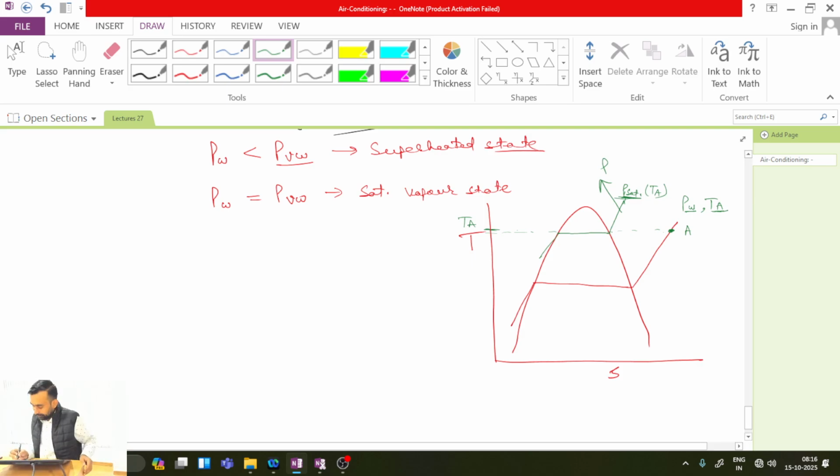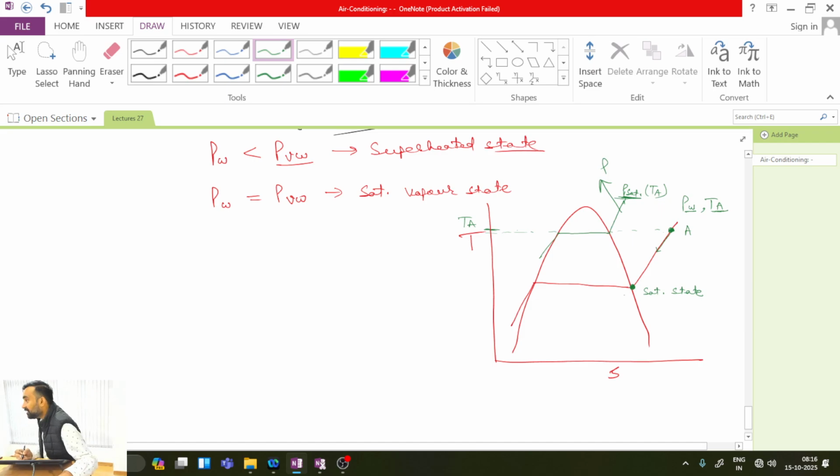Now, if your water vapor is at state A and you start cooling at constant pressure, what will happen? Initially the temperature will decrease. Is this one clear? Temperature will decrease and pressure will remain constant because I am doing cooling at constant pressure. It will come up to this point, which will be the saturated state. So now what has happened?